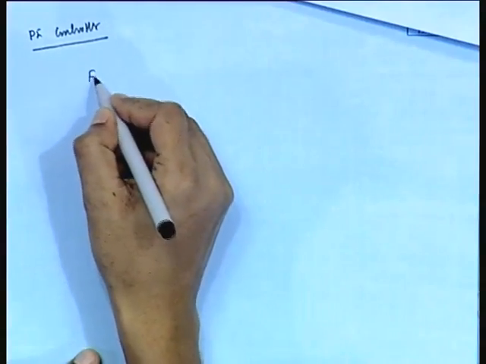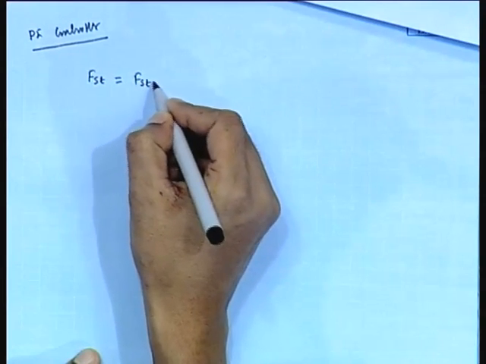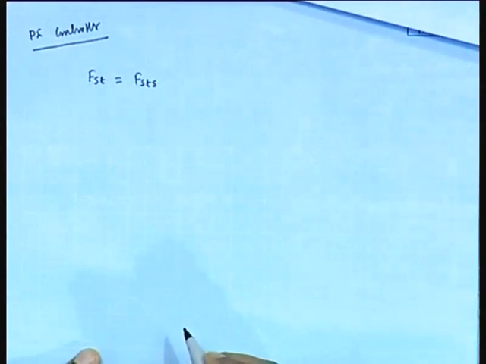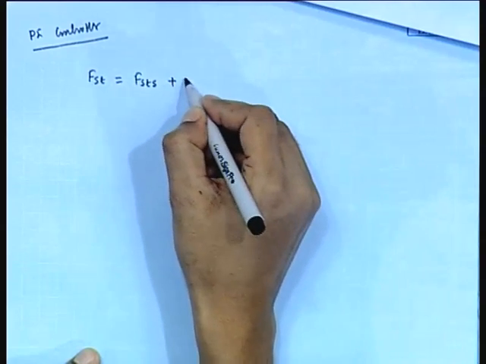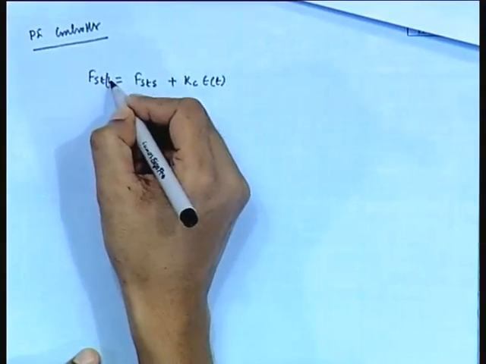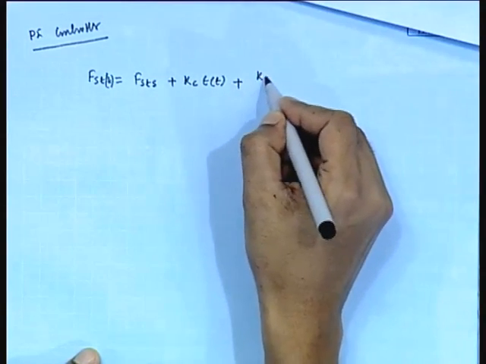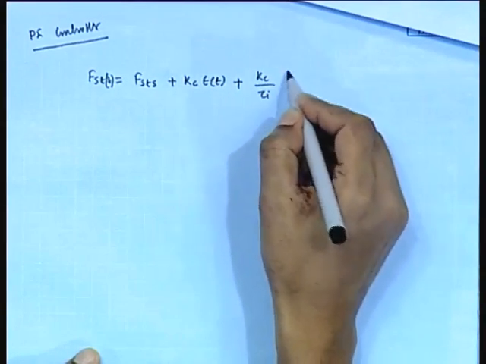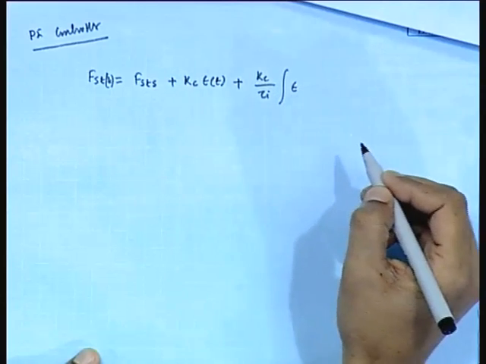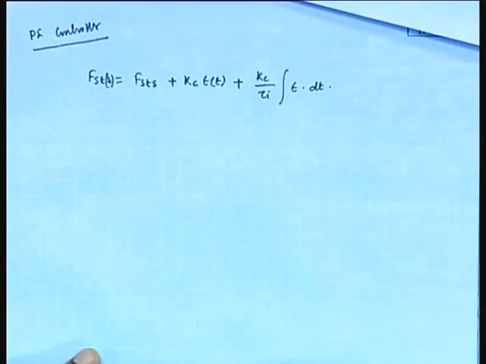If we see the controller equation, FST equals FSTS plus proportional term Kc epsilon t plus integral term, that means Kc divided by tau I, integral of error dt.